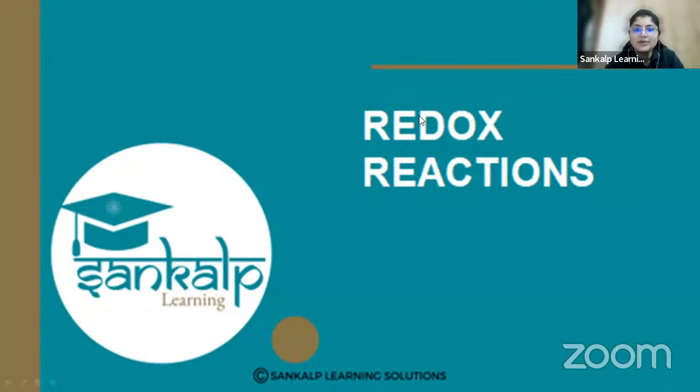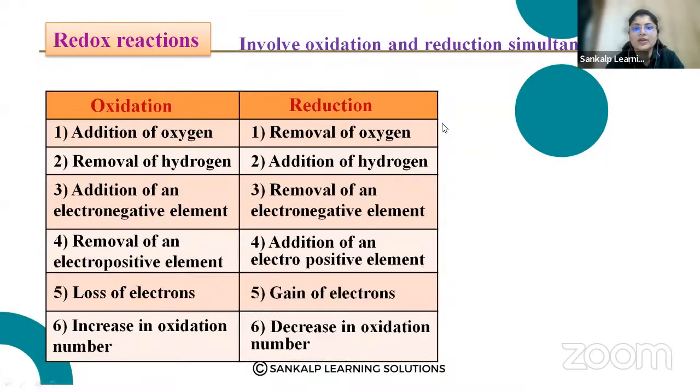We have seen the different definitions: what is oxidation and what is reduction in terms of oxygen, hydrogen, electronegative and electropositive elements, in terms of electrons, and in terms of oxidation number. These were the different definitions which we discussed in our previous class.